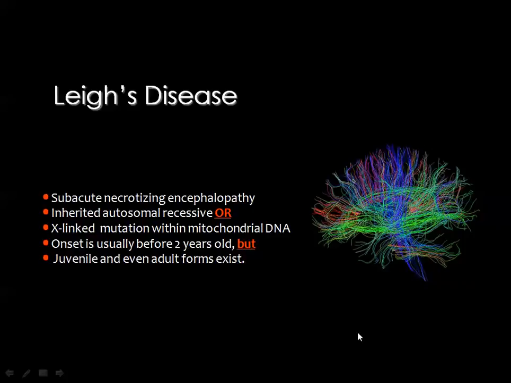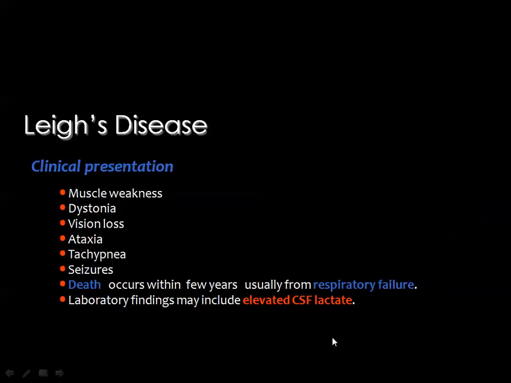Leigh's disease is a subacute necrotizing encephalopathy, inherited as autosomal recessive or X-linked mutation within the mitochondrial DNA. The onset is usually before the age of 2 years, but as in every disease of the white matter, there may be some juvenile and even adult forms.